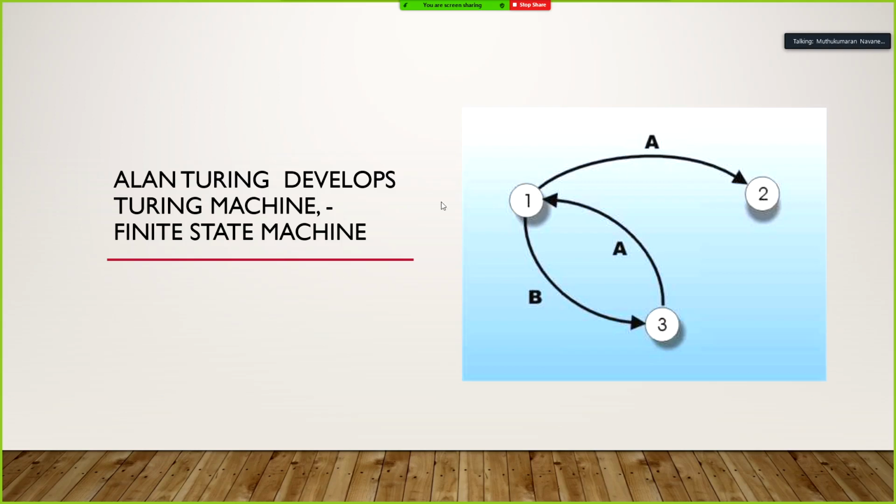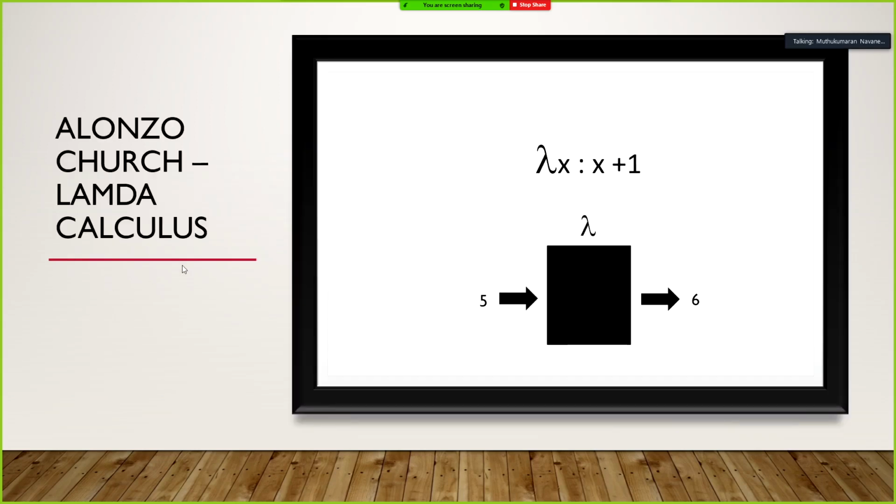Alan Turing discovered something called the finite state machine, and his master discovered something called lambda calculus. These are all just for doing computation. By computation I mean mathematical computation, where there is no machine, but they want to define how the calculation needs to be performed.